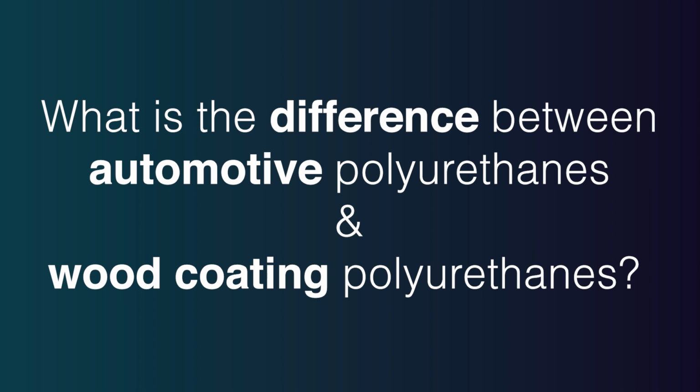What is the difference between automotive polyurethanes and wood coating polyurethanes? I was always under the impression that wood coatings would be more flexible because of the wood's ability to flex, and it does flex, depending on moisture content and seasonal changes.